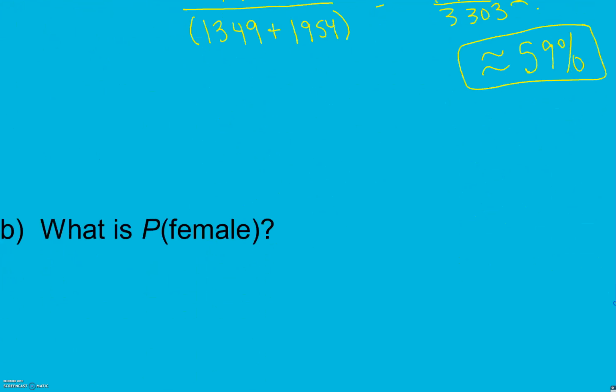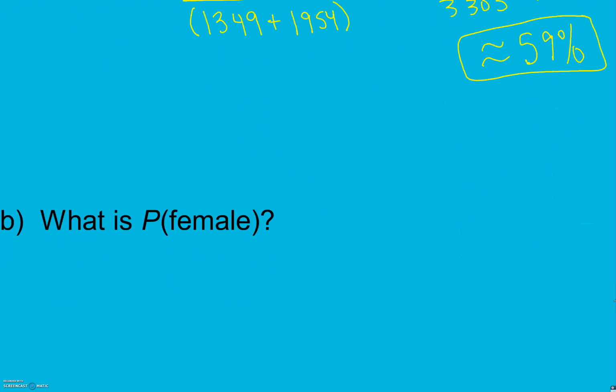Now, using the same information, what is the probability that the student is female? So here, we're comparing females to all of the students. So, females, 2,462 in two-year colleges, 5,517 in four-year colleges, and again, 1954 in grad school, over all of them.